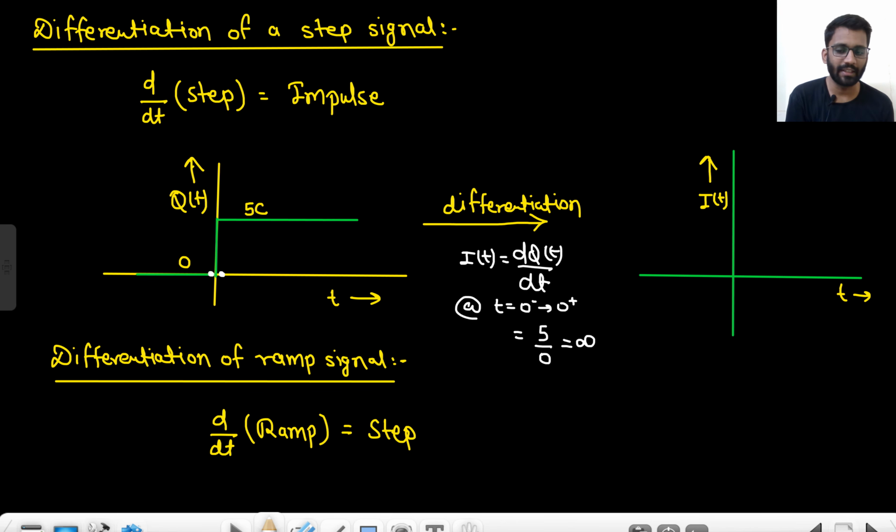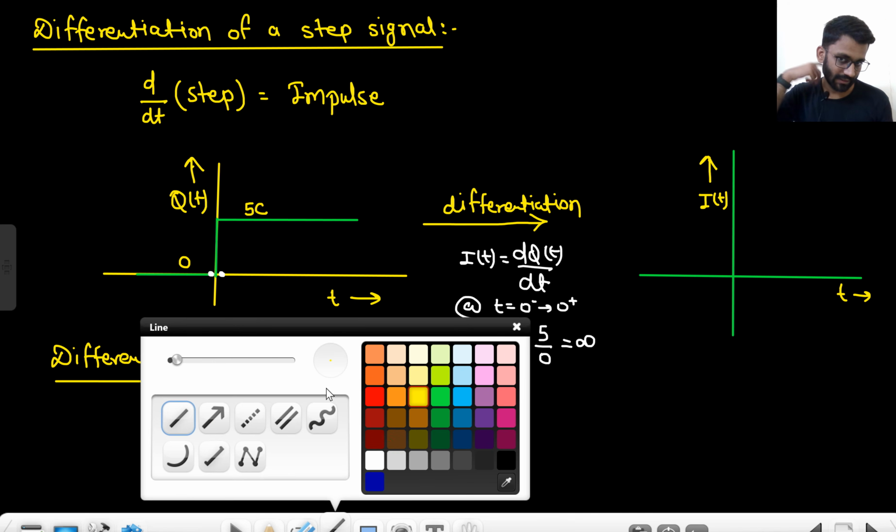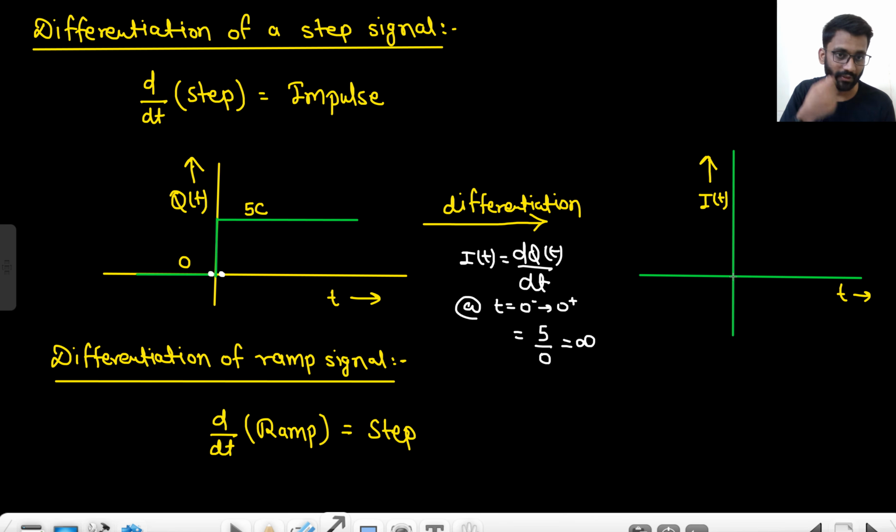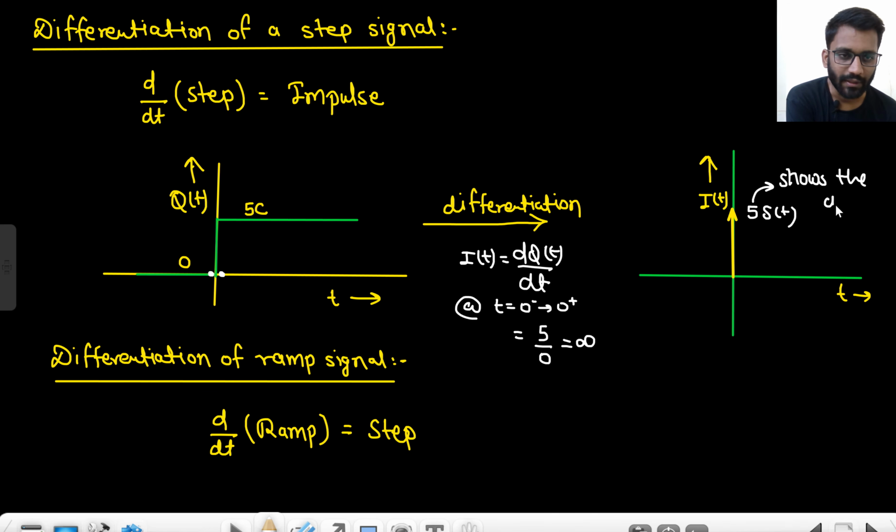If infinite magnitude is there, that means there will be an impulse, and this is the impulse. We will write it as 5 delta t. This 5 shows the charge. Are you getting this point?